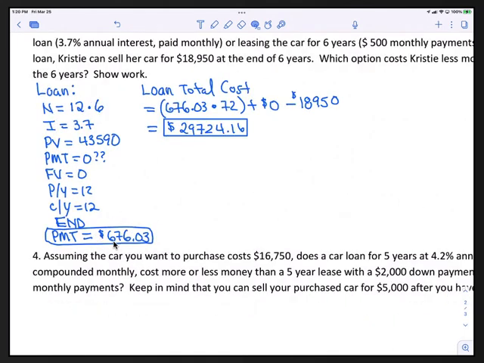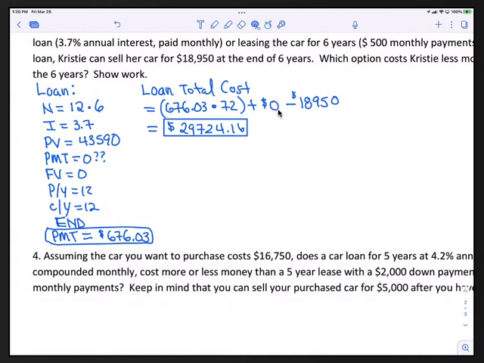Now that we have our payment, we can calculate the total loan cost, and that is taking our monthly payment of $676.03 times 72 months. That's how many months is in 6 years. Plus 0, because that's our down payment.